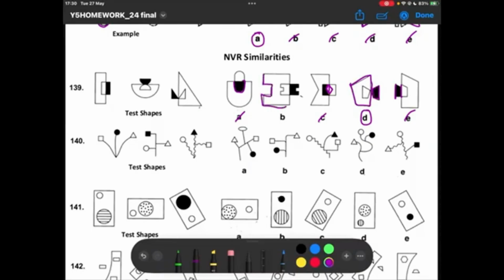Whereas this one is the same orientation as the white one. So here, the black semicircle is with the line at the top, and the same for the big white one. The big white triangle has the right angle in the bottom left corner, same as the small black triangle. So D is the correct answer because it looks the same. The black shape looks the same as the big white shape.